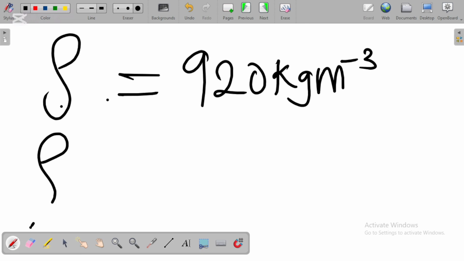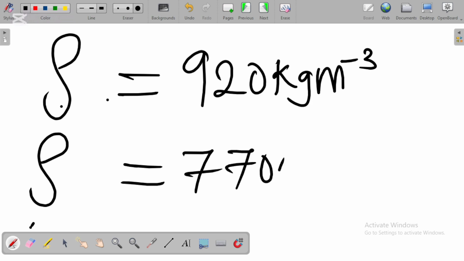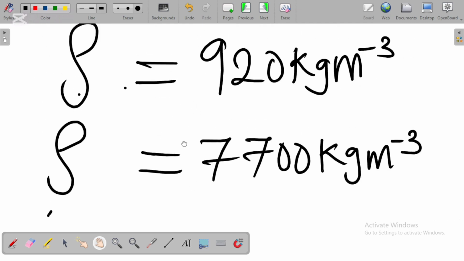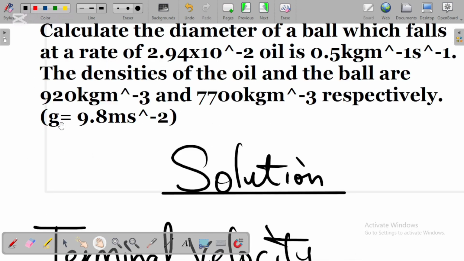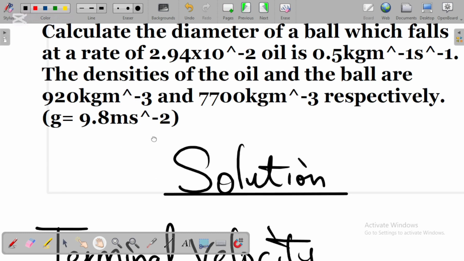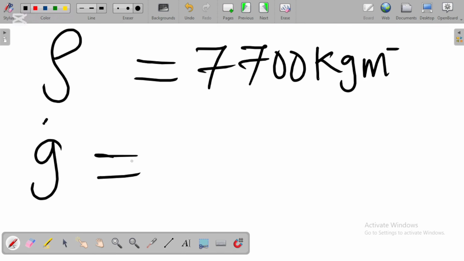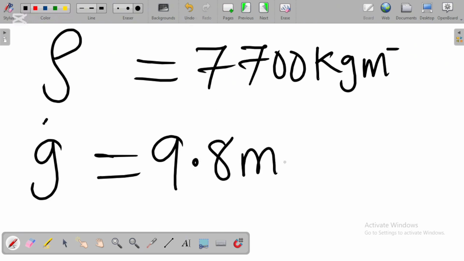And the second density given is equal to 7,700 kilogram per meter cube. Alright, so we are also told that acceleration due to gravity G is equal to 9.8 meter per second square.